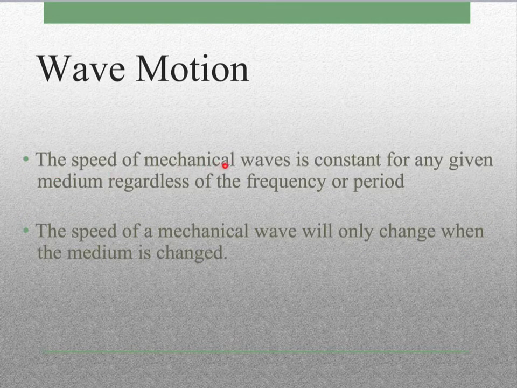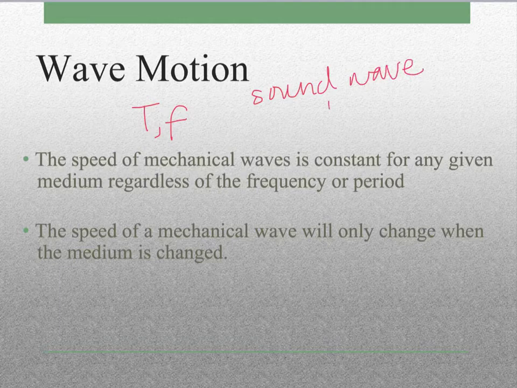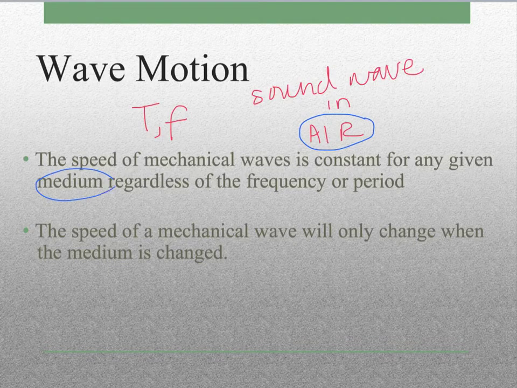The speed of a mechanical wave is constant for any given medium regardless of the frequency or period. What that means is that T can change, F can change, but as long as it is, say, a sound wave in air, where air is our medium, then its velocity is constant.